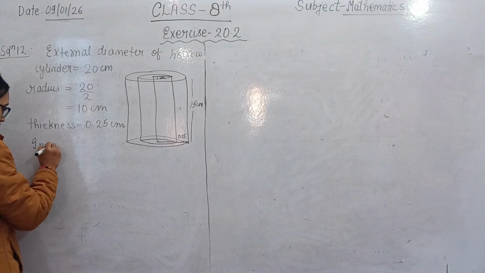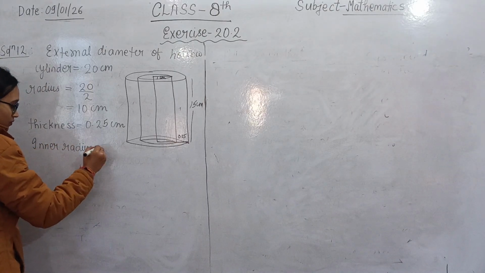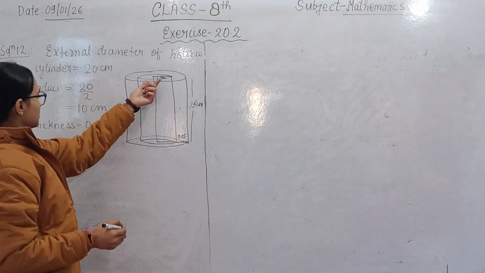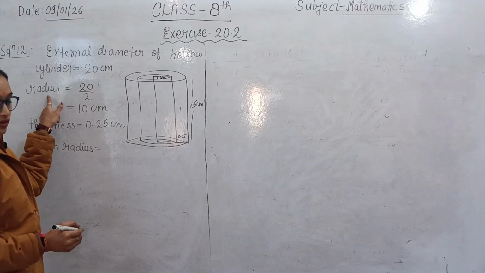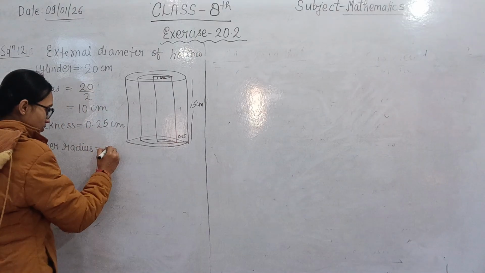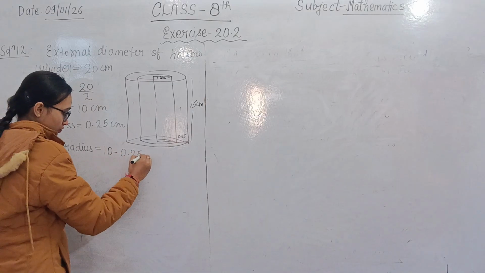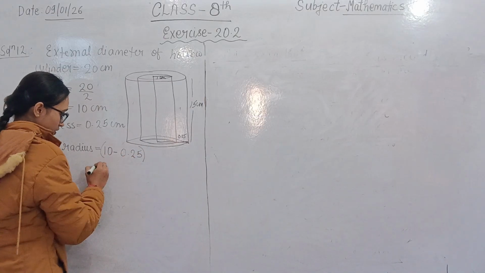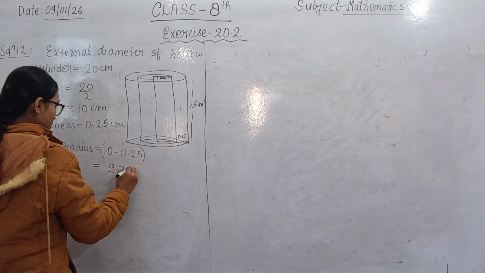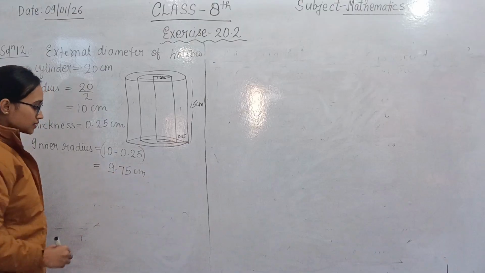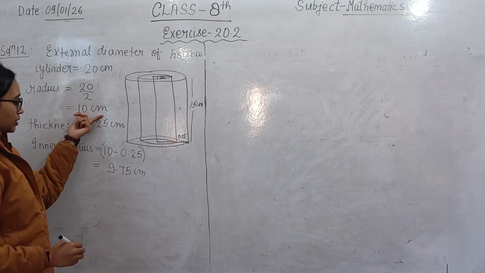With the help of external diameter and external radius, we will calculate the inner radius. So inner radius: the total external radius we have calculated as 10 centimeter. So 10 minus 0.25 will be equal to 9.75 centimeter. That is, total radius is 10 centimeter.